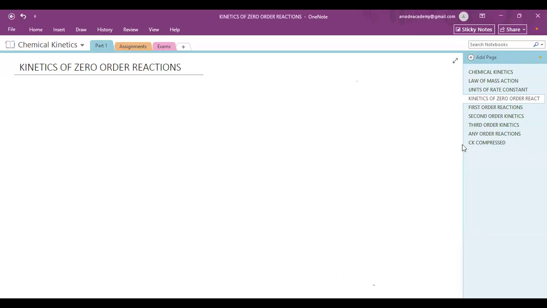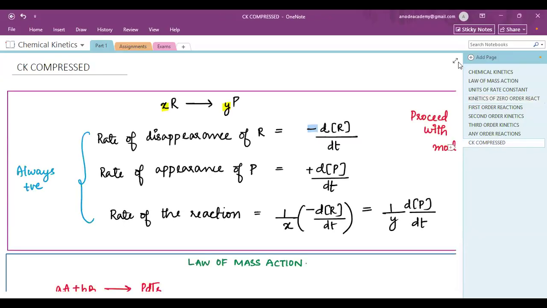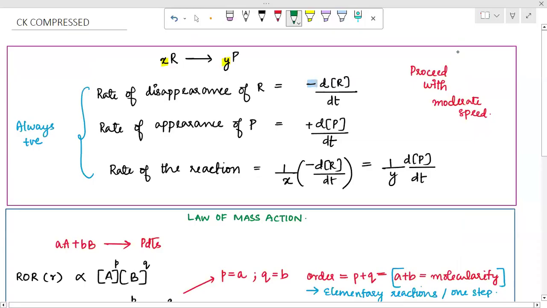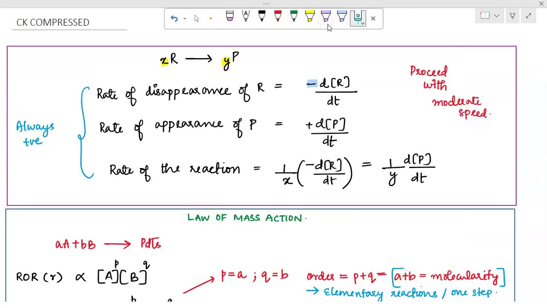Before we begin, let's quickly brush up through whatever we have discussed in the last three sessions. In session one, we discussed that any chemical reaction to which we have to apply the principle of chemical kinetics should proceed with a moderate speed.